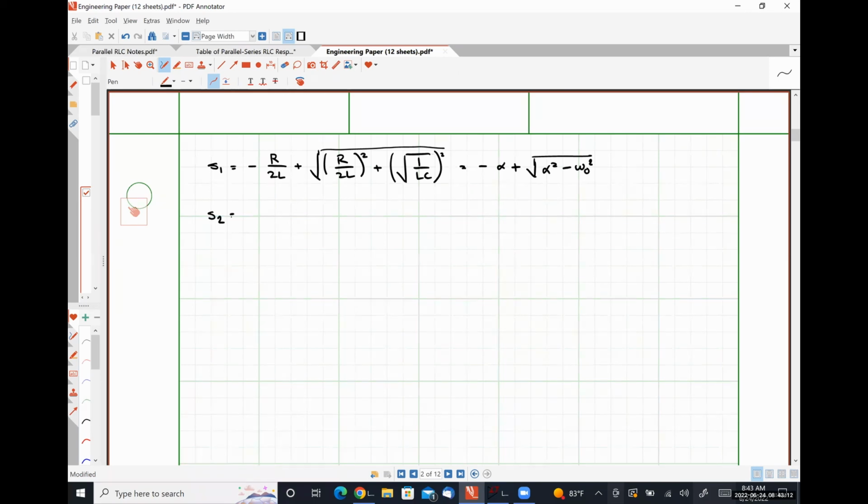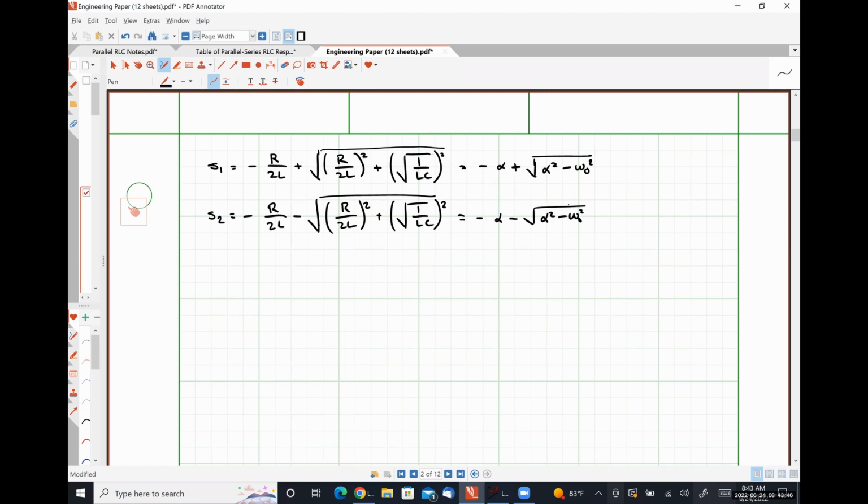And s2 will come out to be negative R over 2L minus the square root of R over 2L squared minus 1 over LC, or negative alpha minus the square root of alpha squared minus omega naught squared.